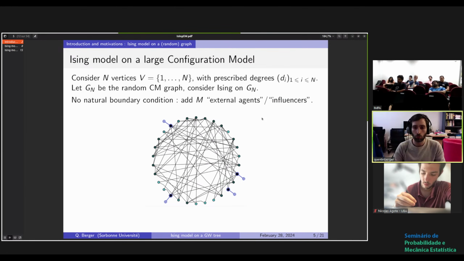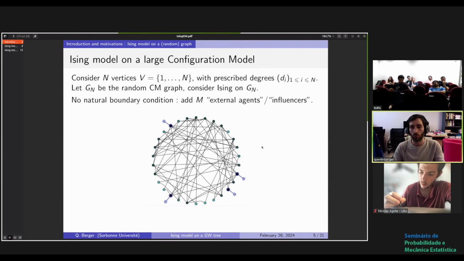Okay, so there are two ways of putting them. Either you attach them randomly among the n vertices, or you include them in your construction of the configuration model. You can say in my configuration model, I have n neutral vertices and m plus vertices, and you connect them this way. Or you can just construct your configuration model and add some external field.